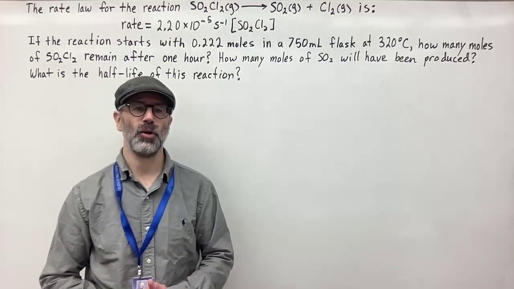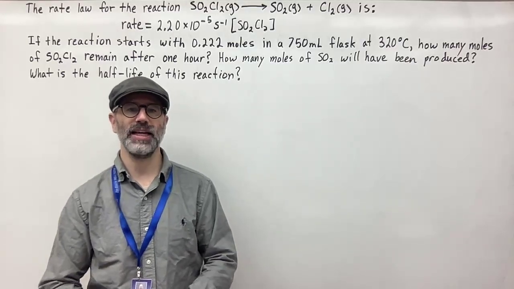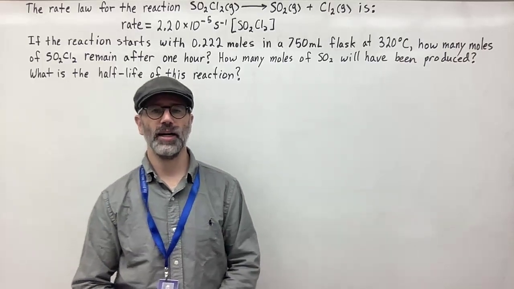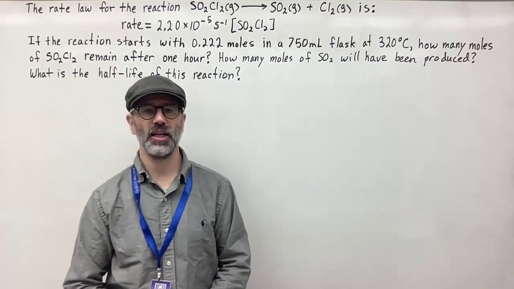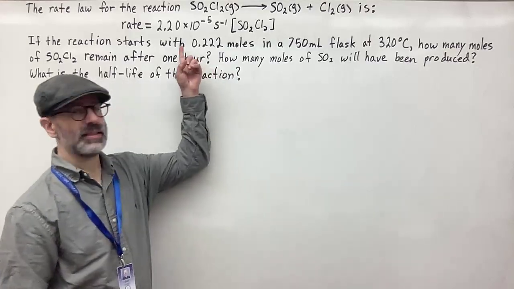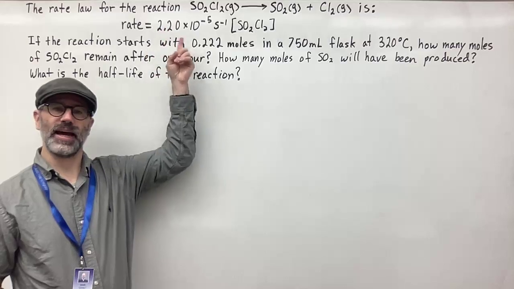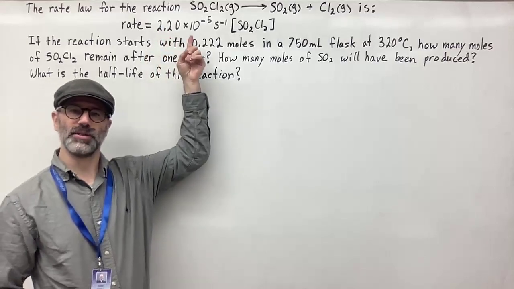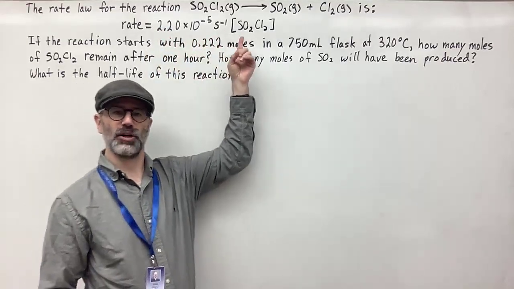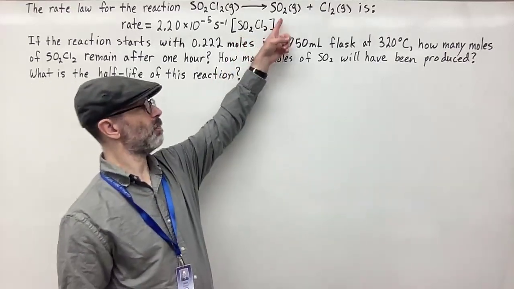So in this problem, the rate law for the reaction SO2Cl2 gas gives us SO2 gas plus Cl2 gas is the rate is equal to the constant k, which is 2.20 times 10 to the negative 5 per seconds, multiplied by the concentration of SO2Cl2 raised to the 1 power.